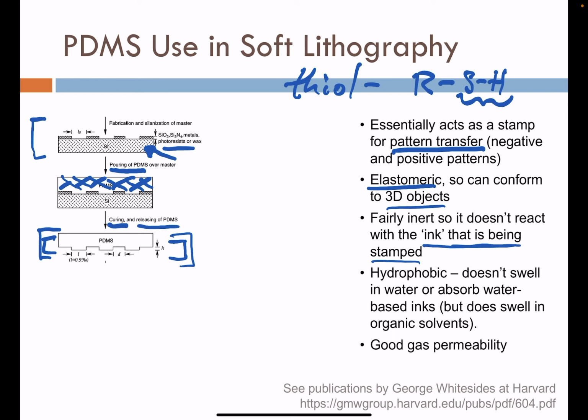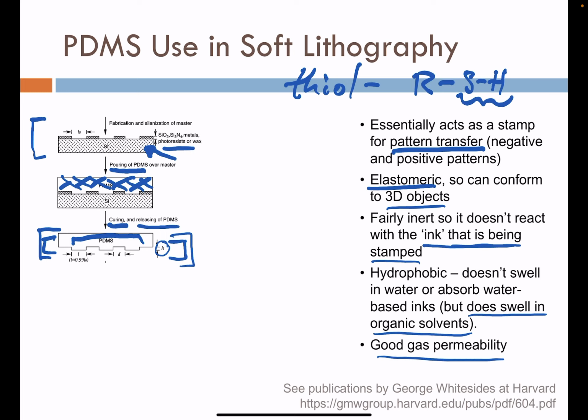And it's hydrophobic, so we can absorb ink from water or other kind of media and take advantage of that. PDMS, however, does swell in organic solvents, and so one needs to be cautious of that if we want to maintain the sort of pattern as far as the length of the features and the height of them, as well as the pitch or the depth shown there in our image.